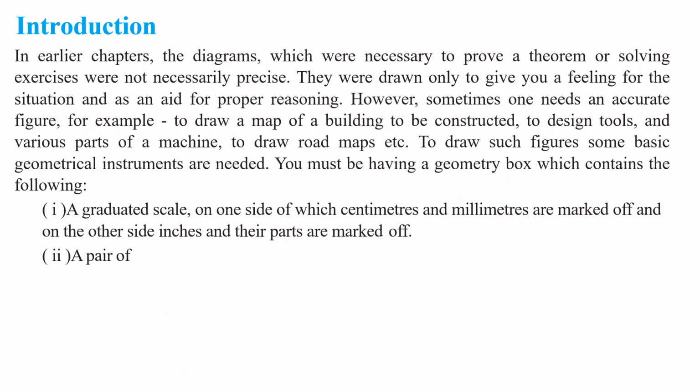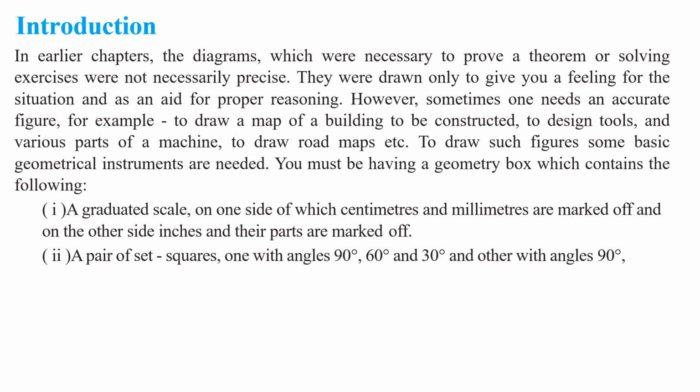And the second geometrical instrument is a pair of set squares, one with angles 90 degrees, 60 degrees and 30 degrees, and the other with 90 degrees, 45 degrees and 45 degrees. This is another geometrical instrument which should be in the geometry box to construct geometrical figures.